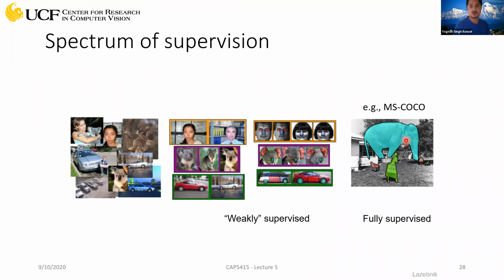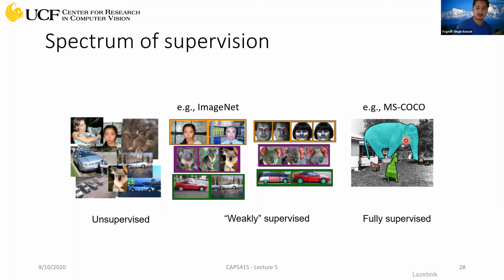But during training, we are only given image-level labels, which only say that a particular object is present or not. We will not have bounding boxes or any pixel-wise annotations. That's partial information, and we call that weakly supervised. An example is using ImageNet for object detection.